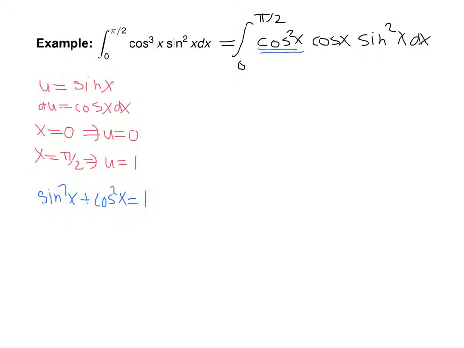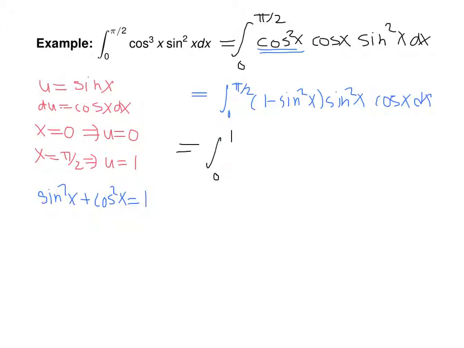So cosine squared is 1 minus sine squared. So we have the integral from 0 to pi over 2, 1 minus sine squared x multiplied by sine squared x cosine x dx. And now make the substitution. I have the integral from 0 to 1, 1 minus u squared times u squared du, or the integral from 0 to 1 of u squared minus u to the 4th.